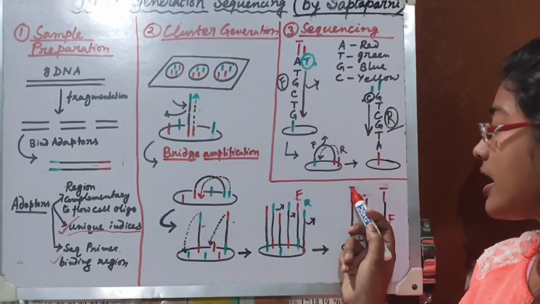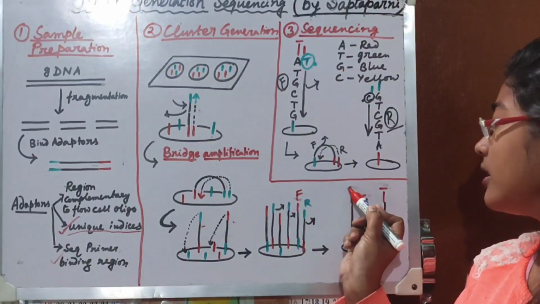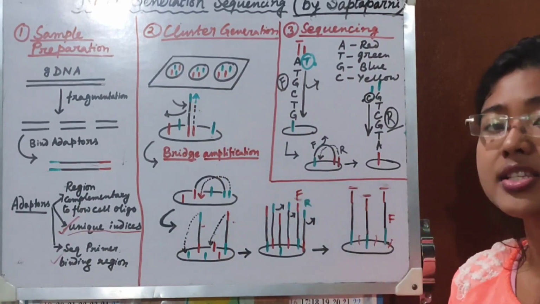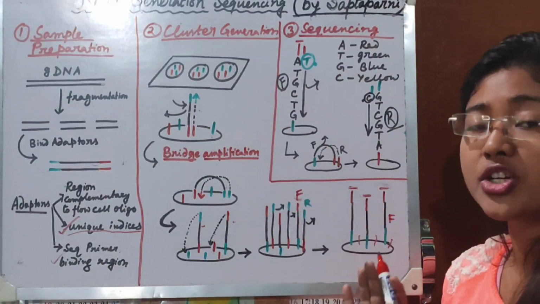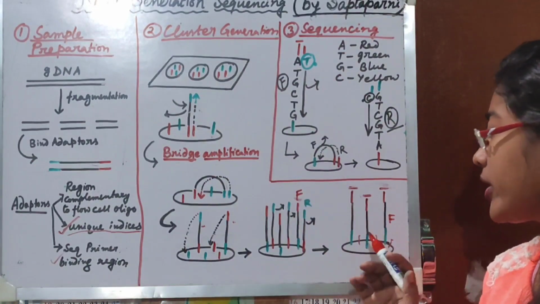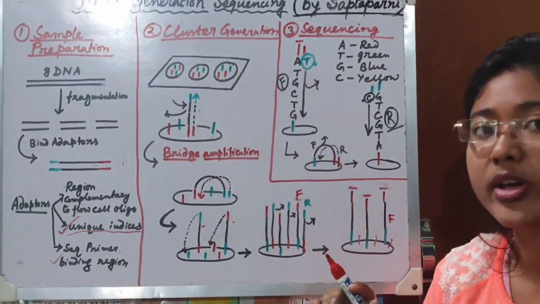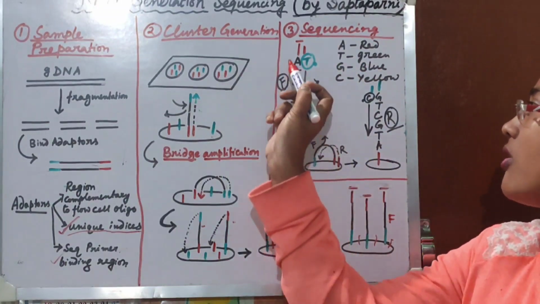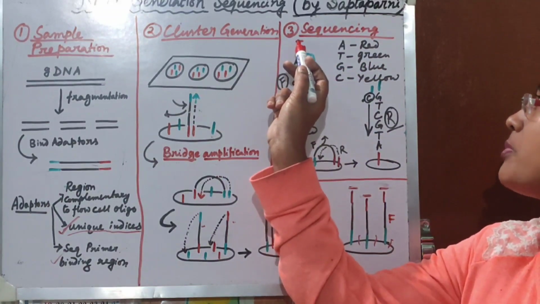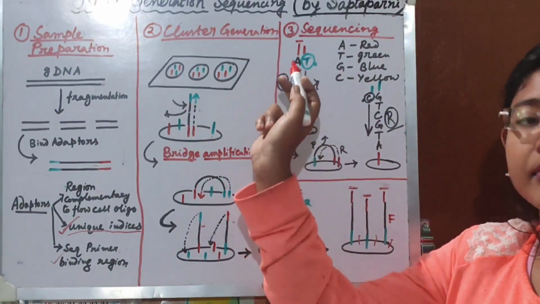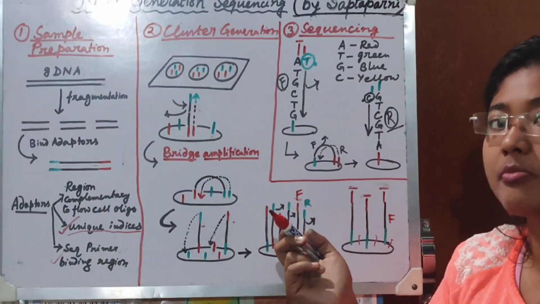Okay, see here, I have drawn a line here to show that the 3' OH ends of the forward strands are blocked, so that bridge amplification cannot occur again. Okay, after blocking the strand, now the third step comes, the sequencing step. See here, it is our forward strand, okay, and the 3' OH end is blocked, so that it can remain in this configuration, so that the sequencing can be done.